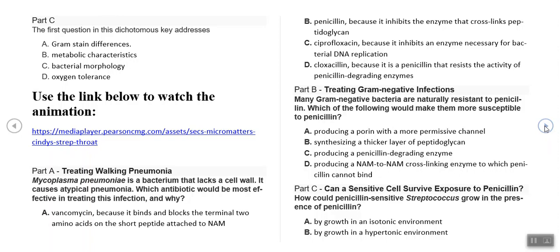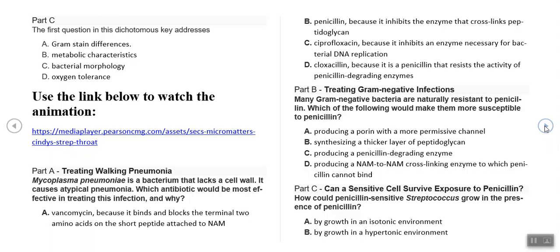Flucloxacillin, because it's a penicillin that resists the activity of the penicillin-degrading enzymes. Well, we're not concerned with the bacteria's ability to break down the drug, and if it's a form of penicillin, then it's not going to work because penicillin works by inhibiting peptide cross-links. So our best response here is letter C.